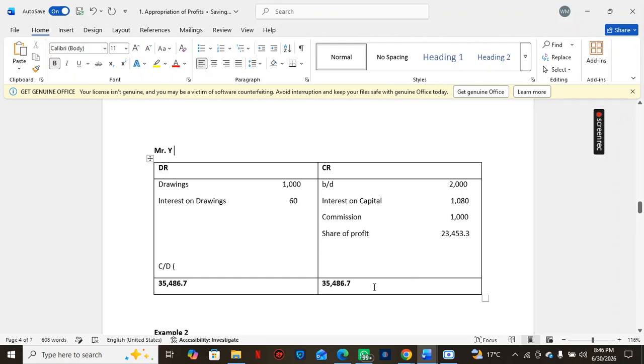So the credit side, we're going to say 2,000 plus 1,080 plus 1,000 plus 23,453.3. We get 27,533.3.